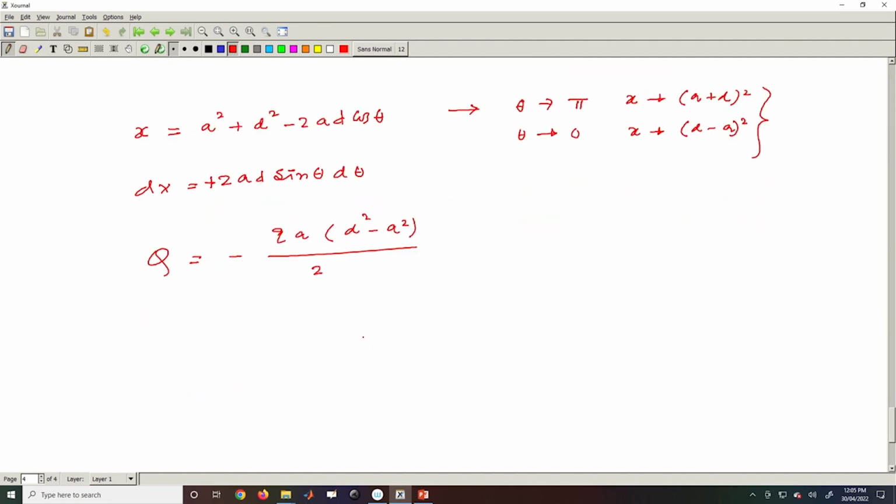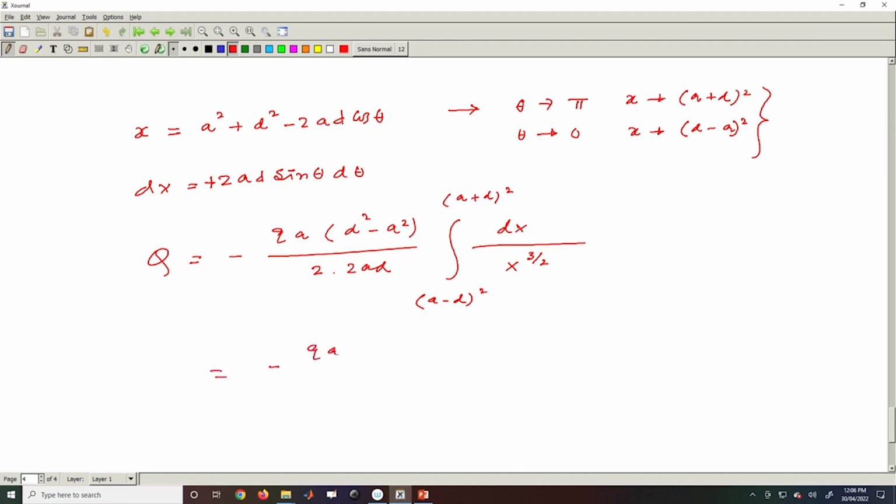Now this is dx, this quantity, so 2ad, so I just put an extra 2 ad here, and then I integrate, so this becomes my dx, and in the denominator I have simply x to the power 3 by 2, and the limit will be a minus d whole square, and the upper limit will be a plus d whole square. So this is how much?